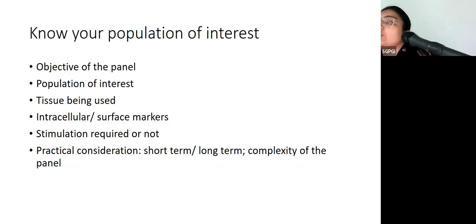Now, the next question is what tissue you're going to use. The fluorescent backgrounds and the signals vary depending on the tissue. If you are doing a lot of mechanical dissociation on a tissue, the assay will be different. For intracellular or surface markers, again, there are different issues. For intracellular markers, it is important because there is a lot of high autofluorescence that is introduced once you do the permeabilizing step.